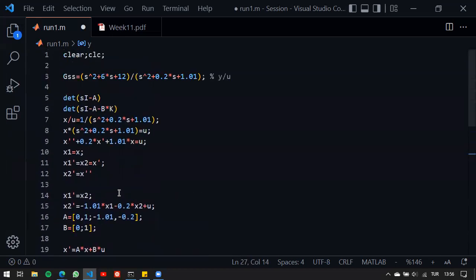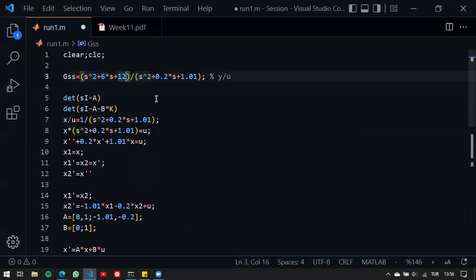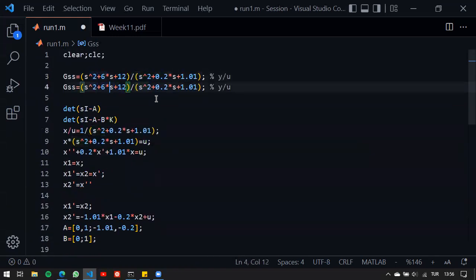And I've told you about the fact that if you have a biproper system, then you will have D. So this extra term that causes me an issue is basically the D term. I don't really have to use this form. I can just come up with a better version here. That would be 1 minus As plus B. Let's call it that.